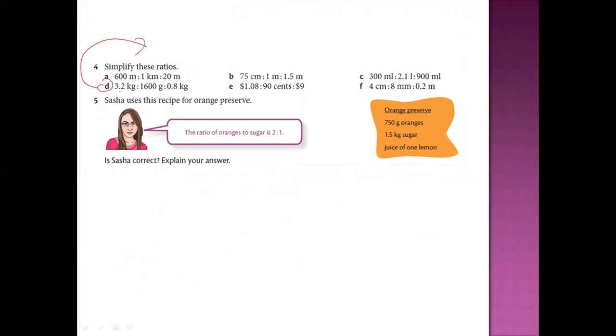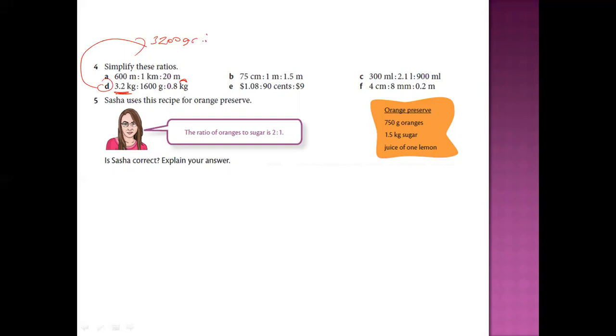First of all, let's change our units. Which one is smaller than the others? Of course, grams. That's why we should change our kilograms to grams. 3.2 kilograms is equal to how many grams? Of course, 3,200 grams.